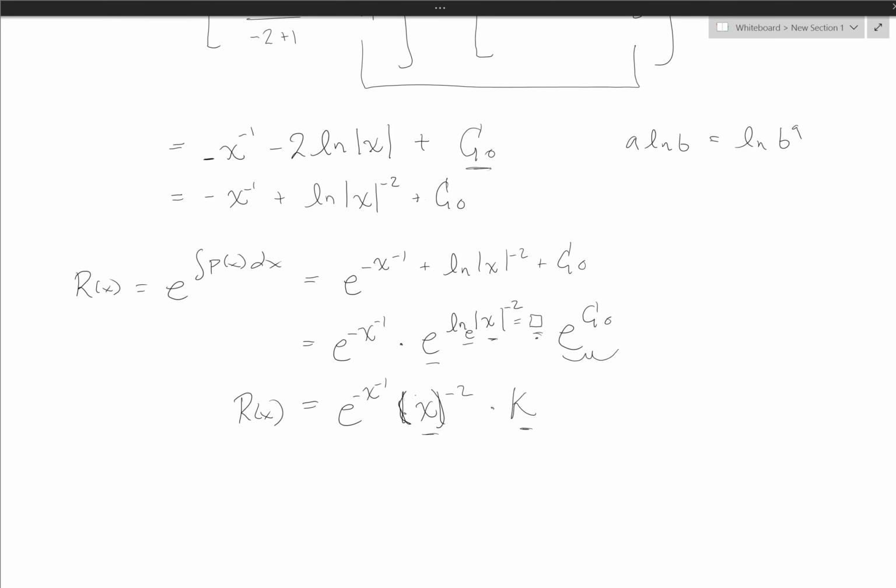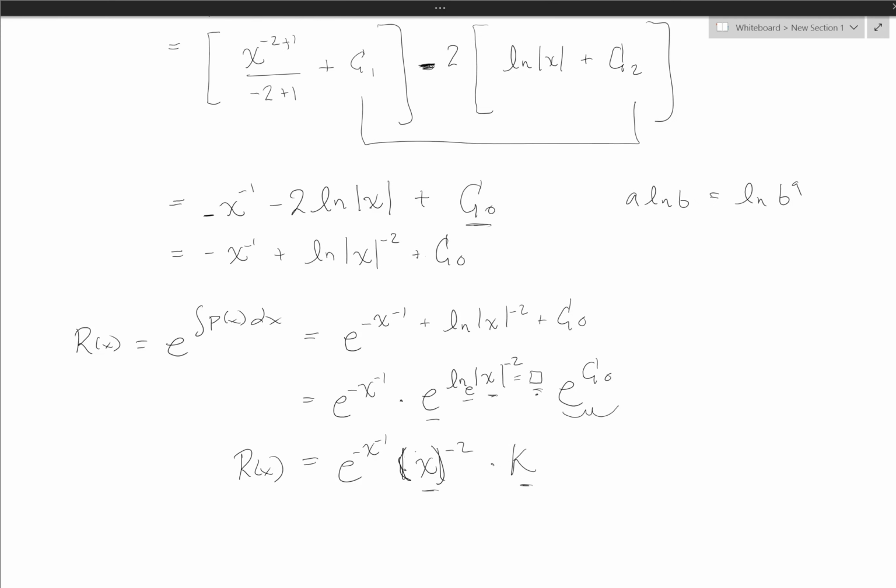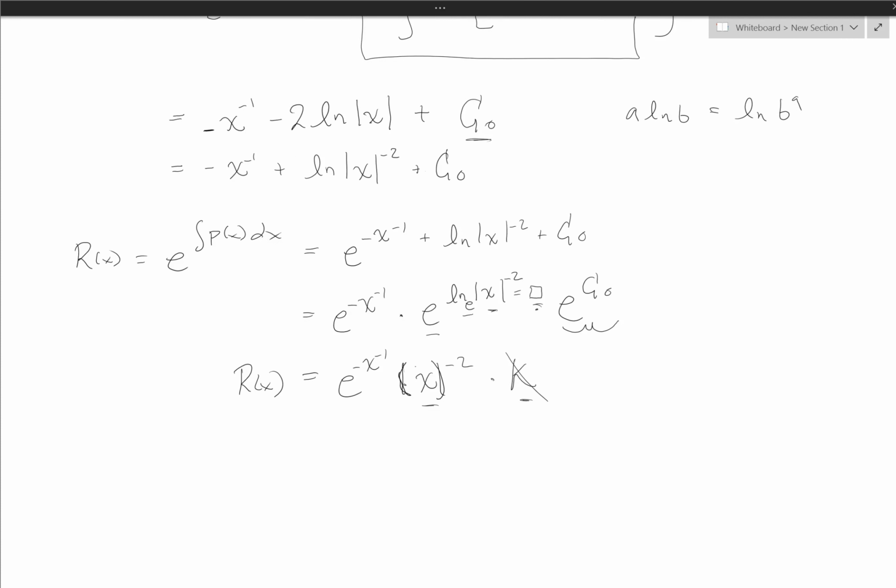I can divide both sides by k of my differential equation, so I don't really need this k. I can get rid of its magnitude. All right, so r of x becomes x to the negative 2 times e to the negative x to the negative 1. Okay? All right, this becomes our integrating factor.